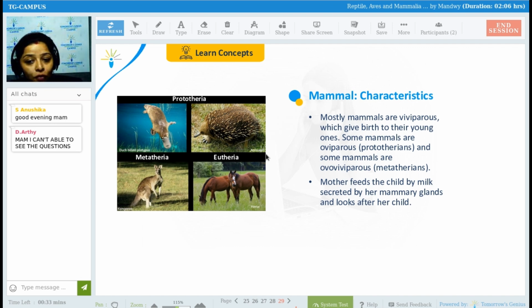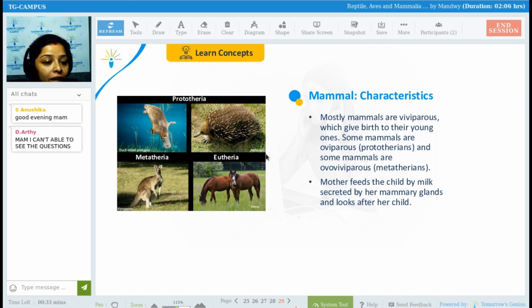So on the basis of the development of young one, the class Mammalia is classified into two groups, that is Prototheria and Theria. In Theria, there are these two that come under the Theria only.